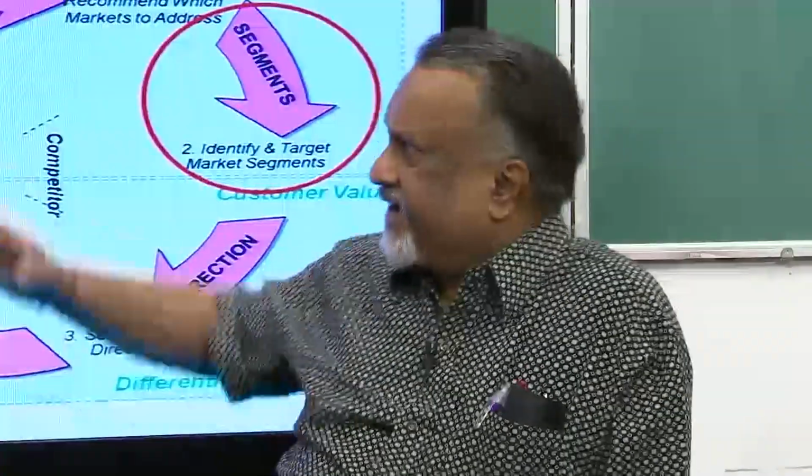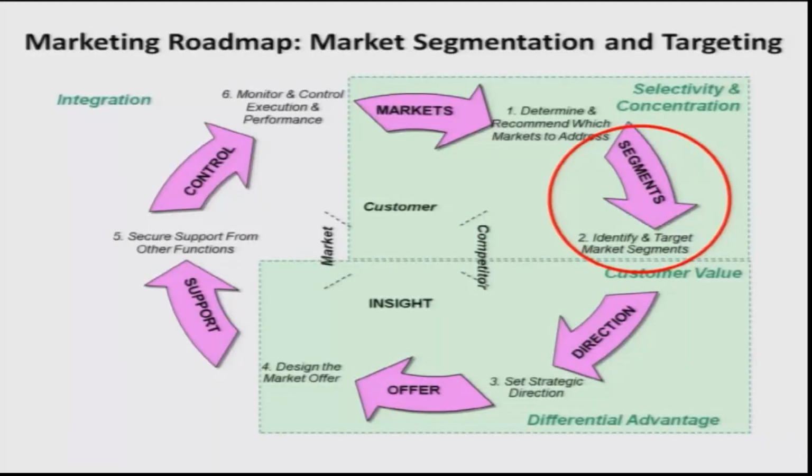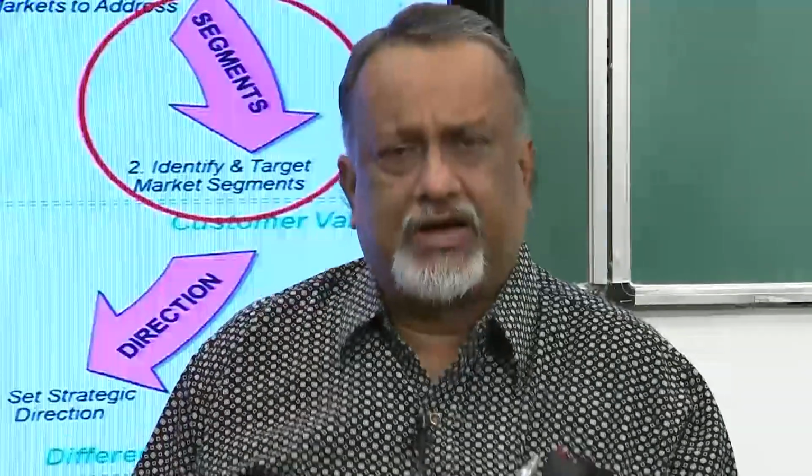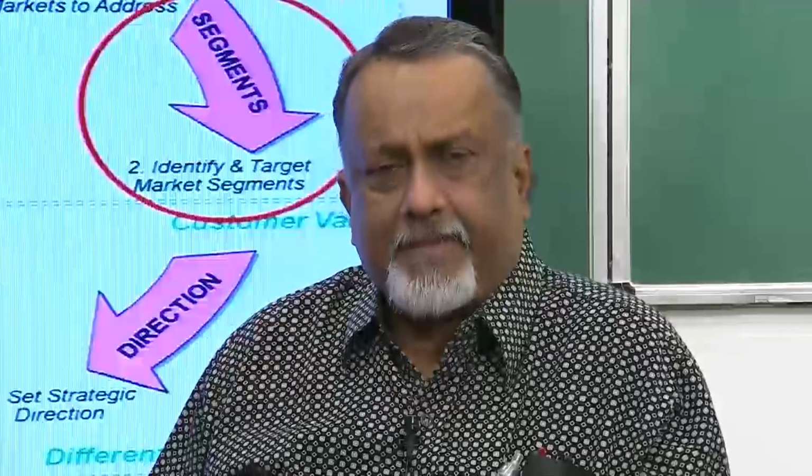This is what we discussed in the first few weeks: what are markets, what is the action of marketing, how do we know about the market, how do we know about the consumer. These are the topics that we have covered so far.